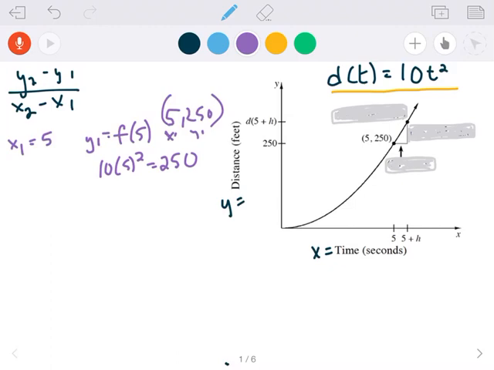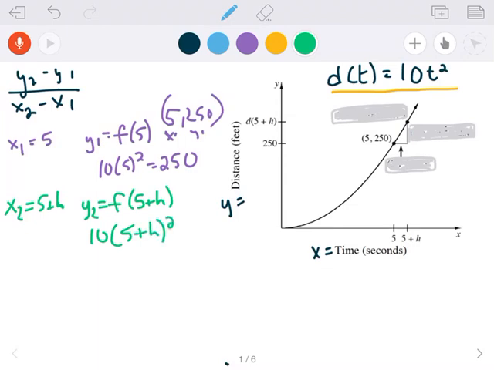5 is our x1, 250 is our y1. Okay, let's talk about our x2, which is 5 plus h, which means our y2 is going to be the output when we plug in 5 plus h. Again, we're looking at our original function of 10t squared, so we replace t with our x value. So we have 10 times 5 plus h squared.